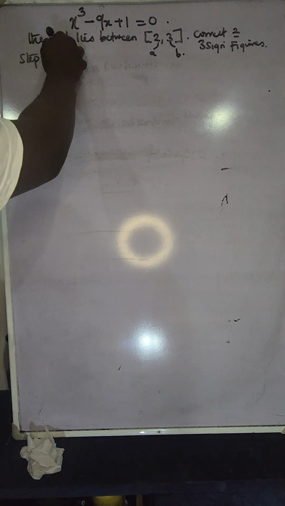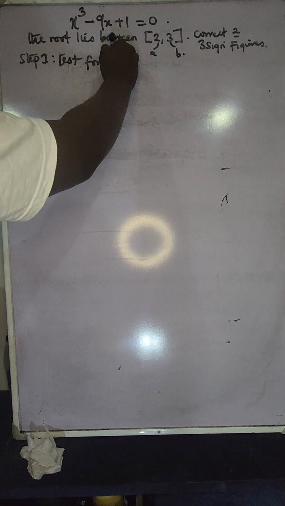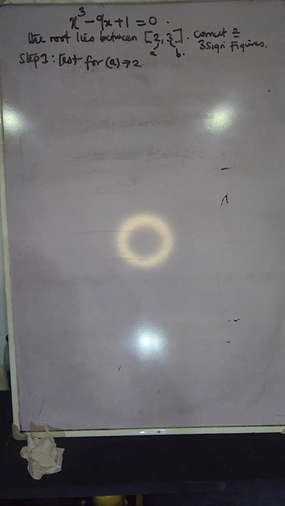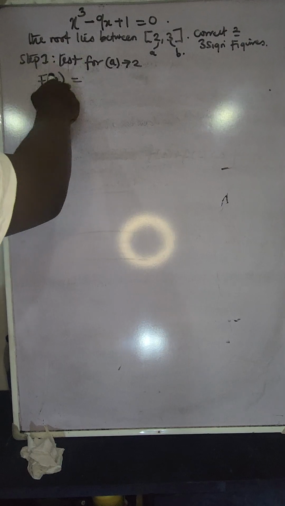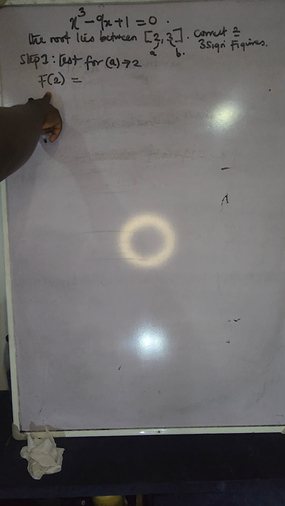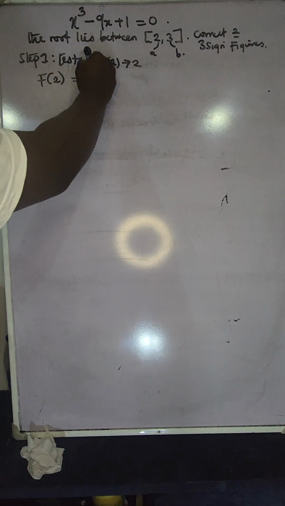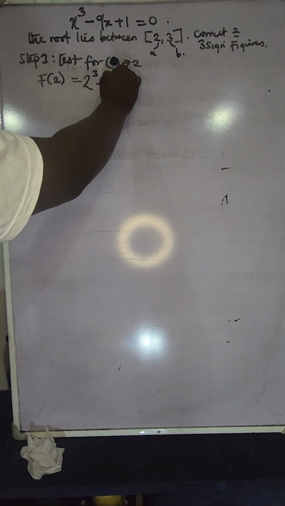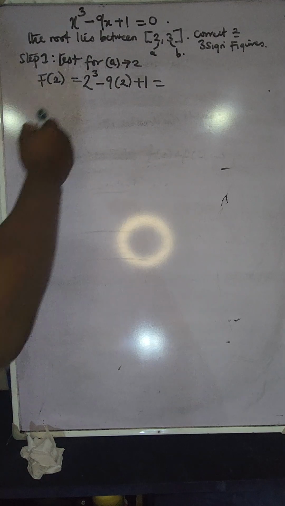Test for A, and A is 2. So let's test A in this function. That means we are doing f of 2, which means placing 2 inside this function. So we have 2 raised to the power of 3 minus 9 into bracket 2 plus 1. Our answer will be minus 9.